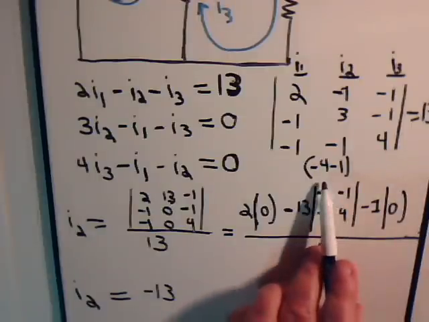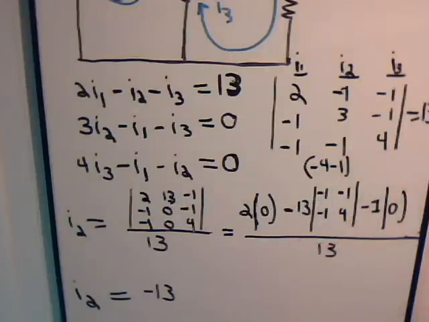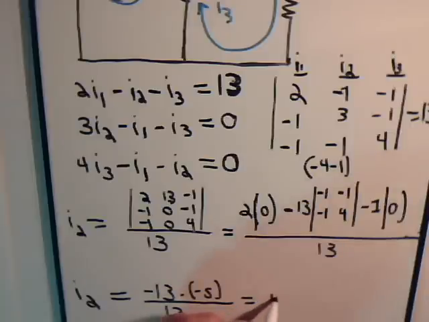And that would be negative 4 plus negative 1, so that would be negative 5. Minus 13 times minus 5 divided by 13, and that equals plus 5 amps. So there is I2.